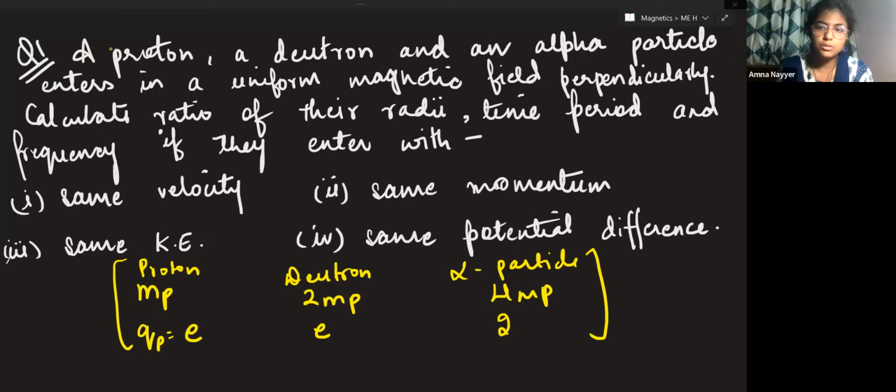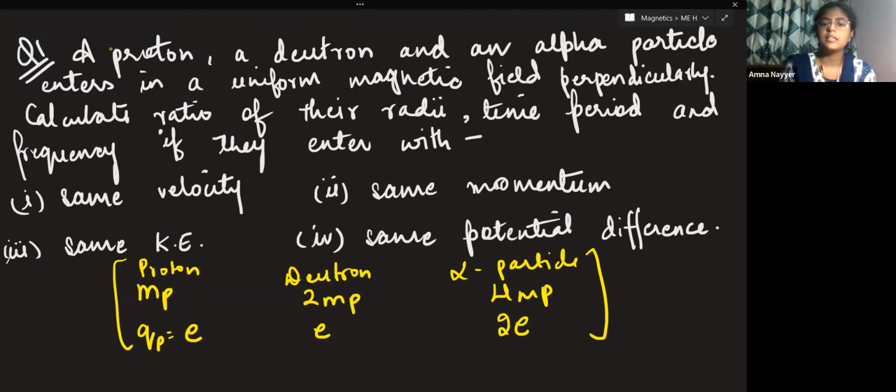Now one more thing class, this portion that I've written in yellow color is not a part of the question. You have to remember these points: what's the relation between mass of proton, deuteron, alpha particle and all these. This won't be mentioned to you in the exam. This I have written for you people, means it is not a part of the question.